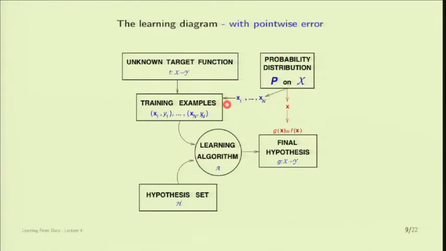This was implicit when we talked about the bin. Mu was the probability distribution in the bin, and nu was the sample distribution in the sample that you pick. When you test the system that you trained using a certain probability distribution, I ask you to test it with points drawn from the same distribution. That's the only requirement in order to invoke Hoeffding, or the counterparts of Hoeffding for more elaborate types of functions.